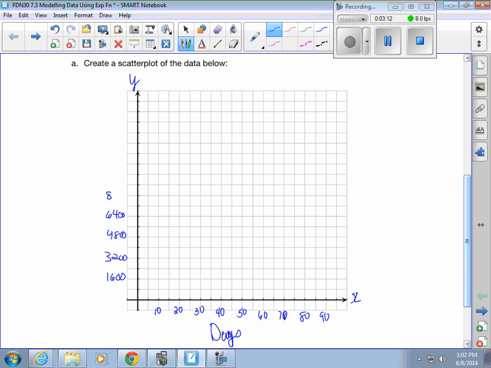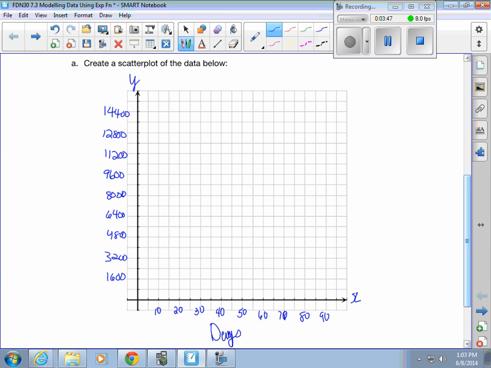I missed my 8,000, I suppose. So when you're doing your data on your graph, you don't have to go 100, 200, 300. You can jump from where you think your data needs to start, just so that you can fit it onto your graph. So now it's a matter of plotting.